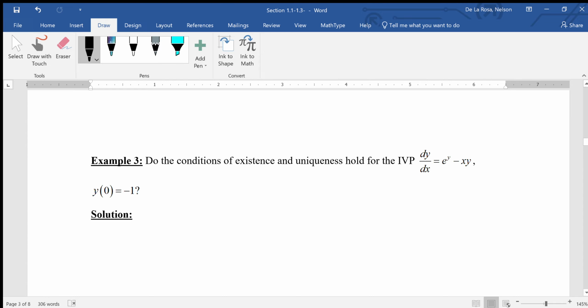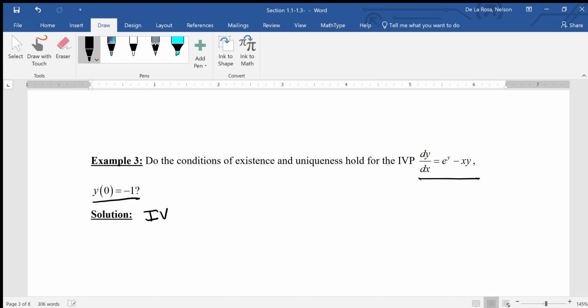Example 3. Do the conditions of existence and uniqueness hold for the initial value problem given by these two conditions? So here we have an initial value problem.